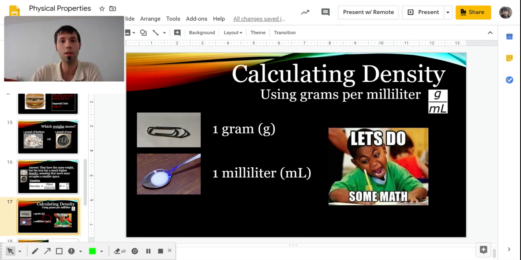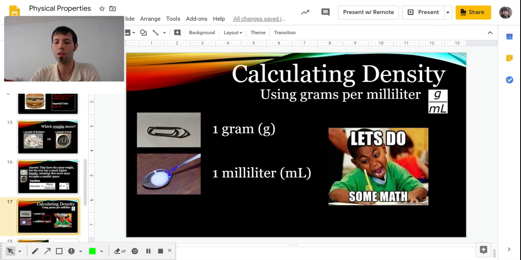A gram is a unit of mass. To give you an idea of how much a gram is, if you pick up a paper clip, that's about 1 gram. A milliliter is a little bit less than a teaspoon. So when we say grams per milliliter, take the mass of a paperclip and expand that to a little bit less than a teaspoon. That's 1 gram per milliliter of density.